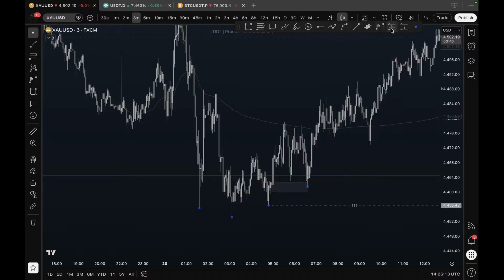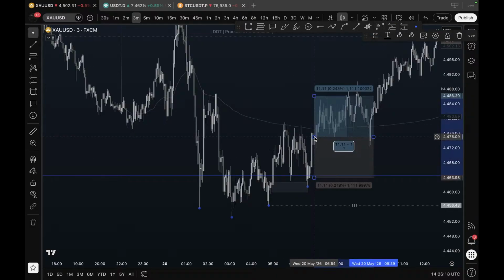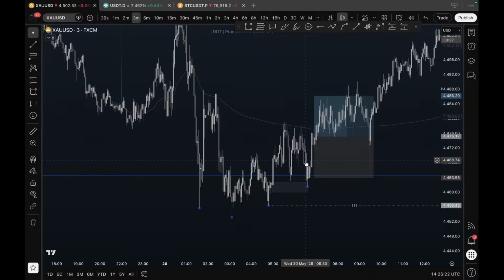So I entered somewhere around here. I'm not sure anymore exactly where it was, but I believe around here. And my stop was even at this low. Because you have 1, 2, 3, basically 4, no liquidity or demand left behind. So there's no reason for price to come back to this low.